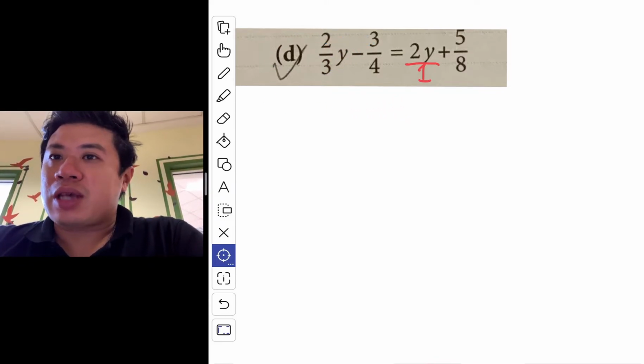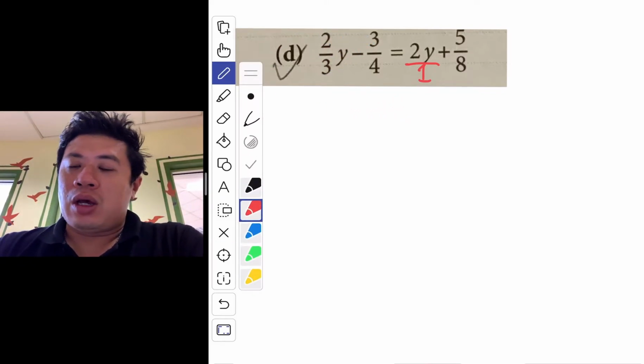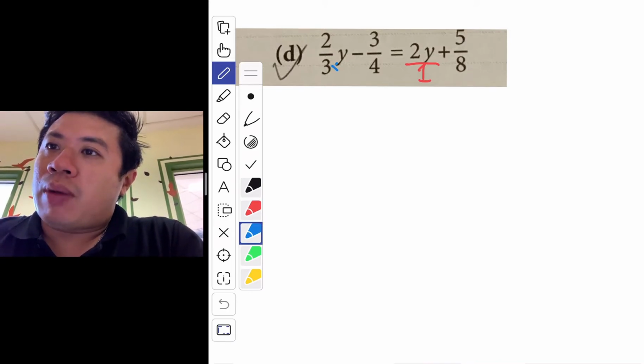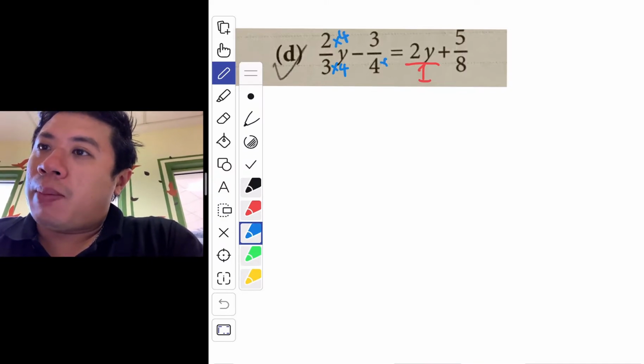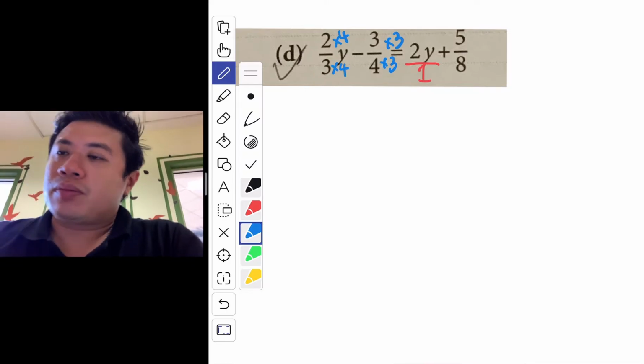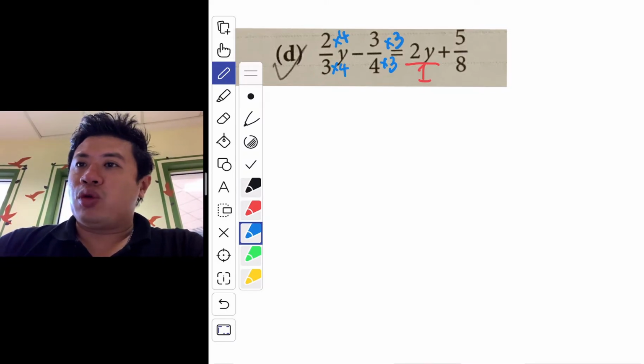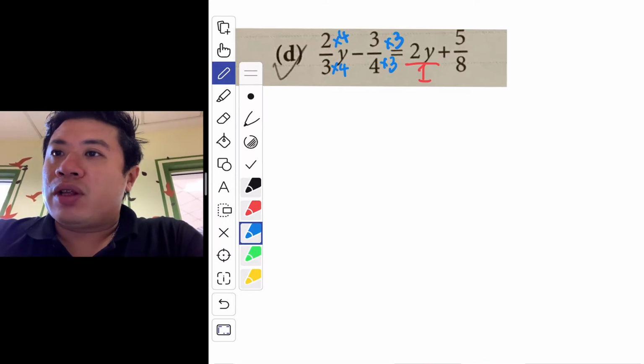So on the left hand side, before I can add or merge, simplify my term into one fraction, I'm multiplying by 4 over 4 for 2/3 y. I'm multiplying by 3 over 3. So I'm not changing the value of the expression here. What I'm doing is putting it into one fraction. You can see that I'll have a denominator of 12.